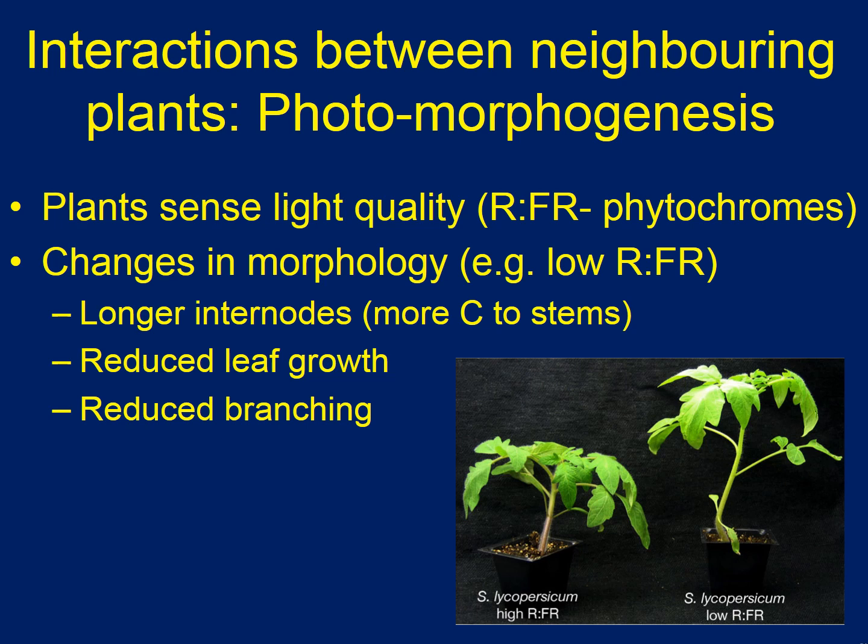Why? Because plants absorb red better than far red, so if the light is transmitted through a canopy, the amount of red is reduced much more than the amount of far red, so the ratio will be lower. That will cause the plants to respond with longer internodes, distributing more carbon to the stems, reducing leaf growth, and reducing branching. That favors the growth in height and the competition against the neighbors.